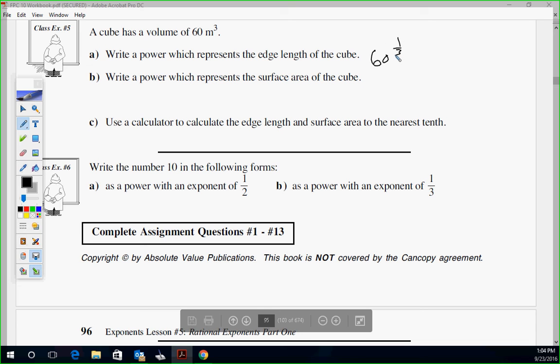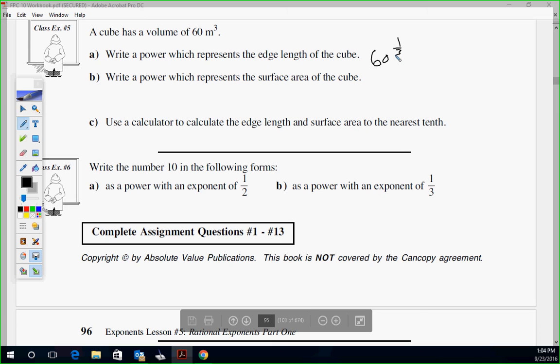That's how you write cube rooting with an exponent. When we want to find the side length of a square and we have the area, we square root it. When you want to find the side length of a cube and you have a volume, you cube root it. Okay? Writing cube root as a fraction is 1/3. So 60 to the 1/3.